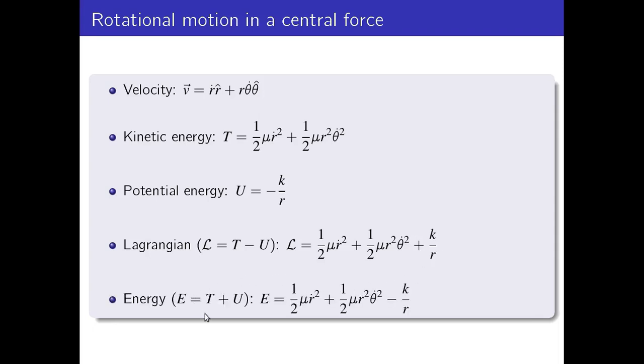And we can write the energy as 1 over 2 mu r dot square plus 1 over 2 mu r square theta dot square minus k over r. We have obtained necessary relations to study the motion in terms of generalized coordinates.